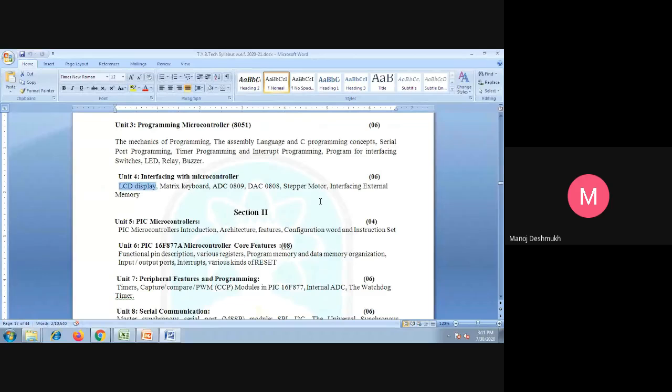So we are going to discuss each individual component which is to be interfaced with 8051. Either we go with ALP or we go with C programming. Okay, so these are the components mentioned in this unit for the interfacing of 8051.